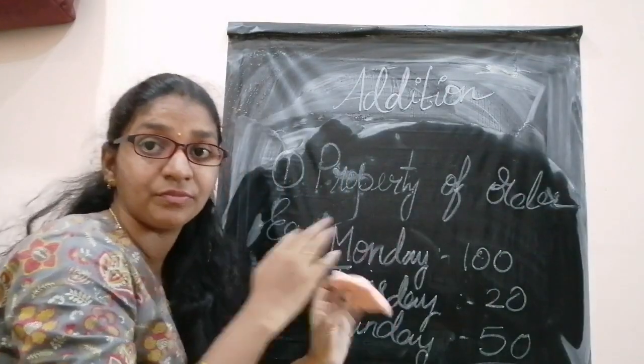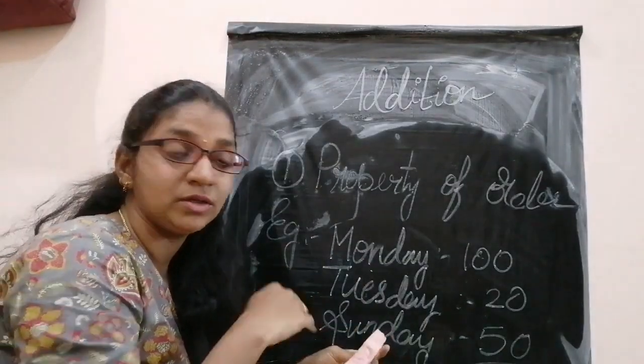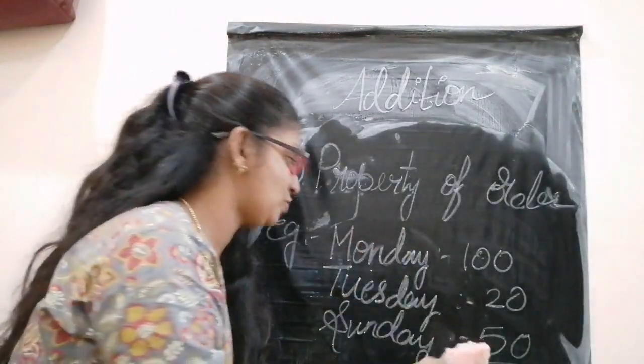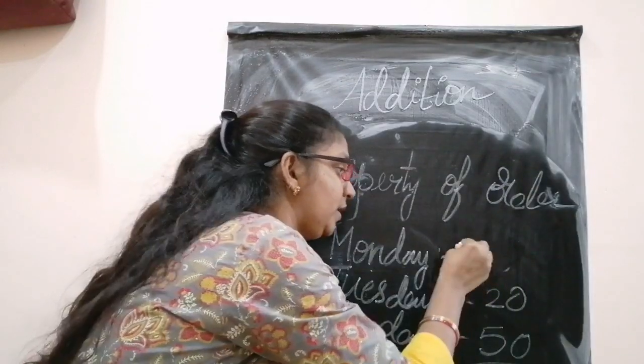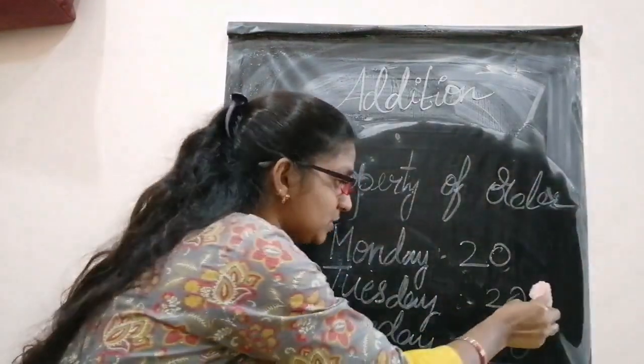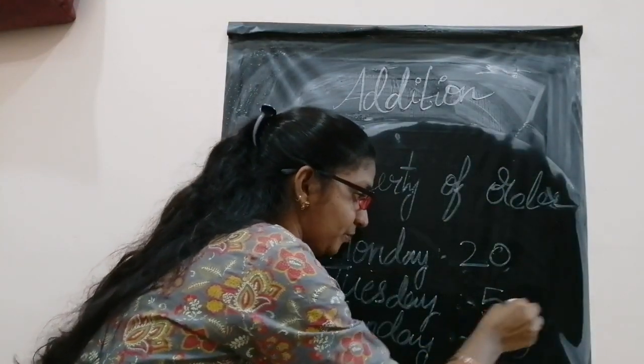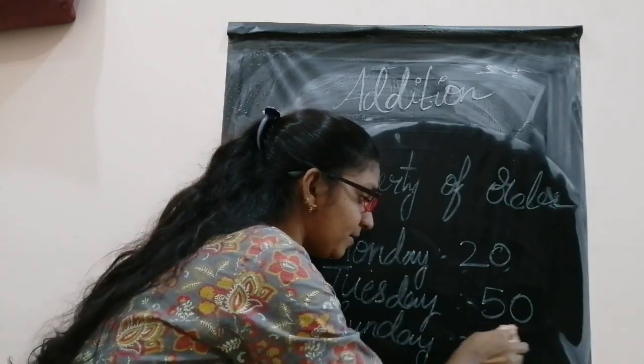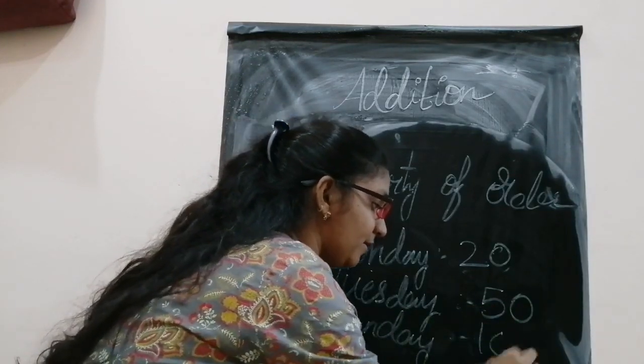I am just exchanging the order of the days and the values. On Monday, it is 20. On Tuesday, it is 50. And on Sunday, it is 100.